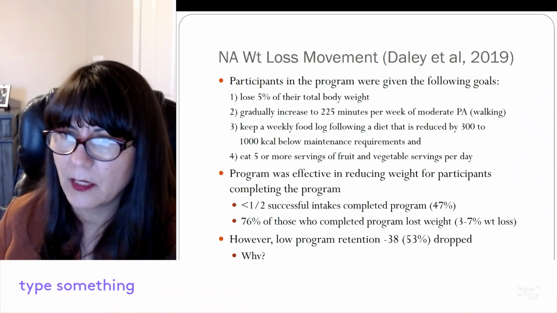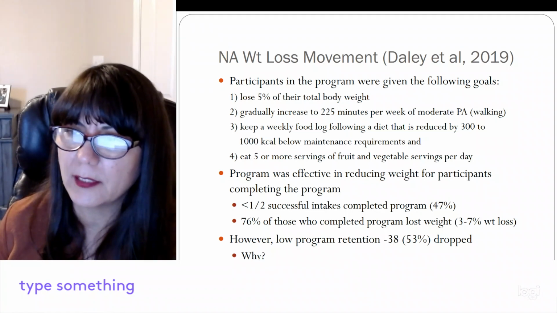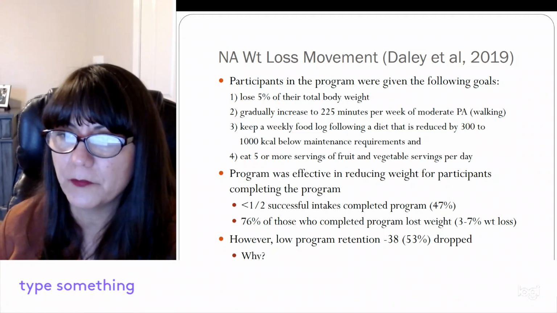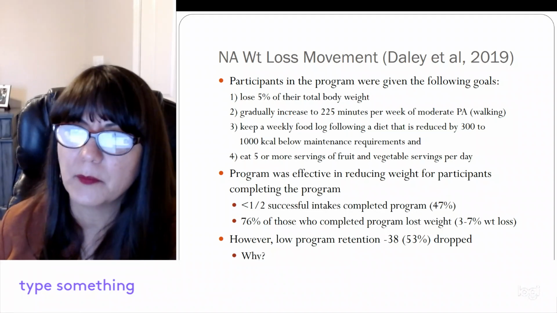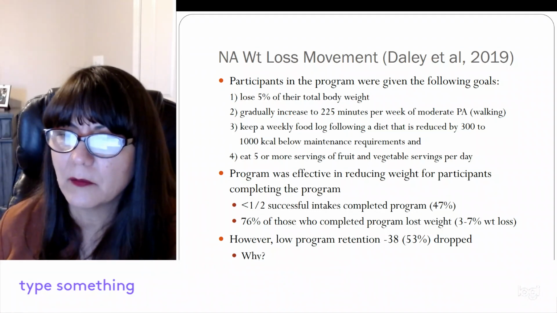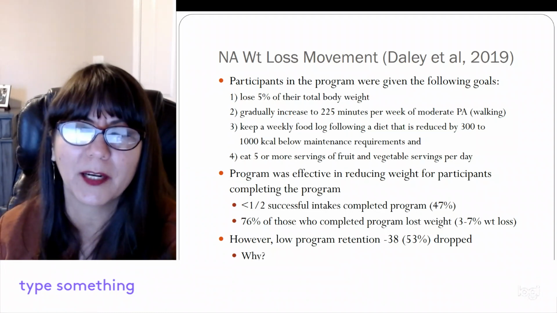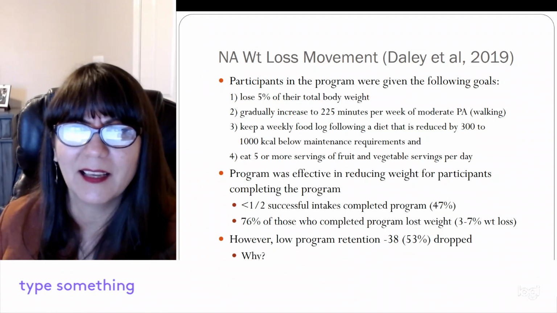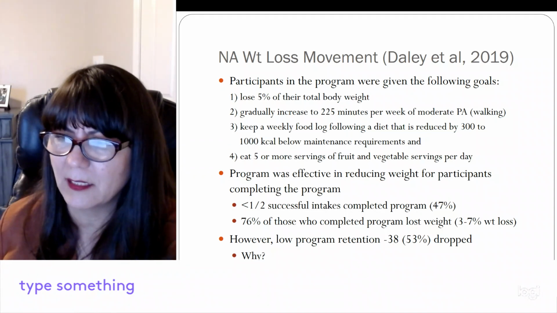Let's see. The program, so what did they learn from this program? Well, that it was effective in reducing weight for participants completing the program. So they talk about how 70-something actually enrolled in the program, but really only about, what was it?